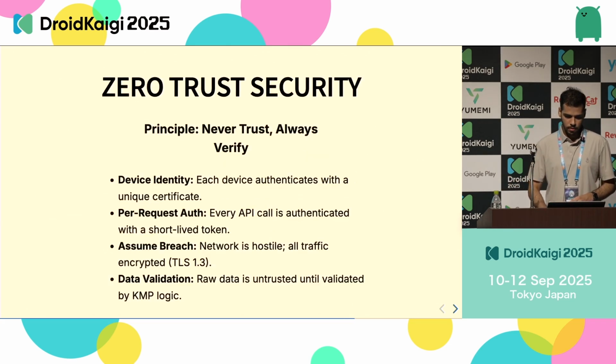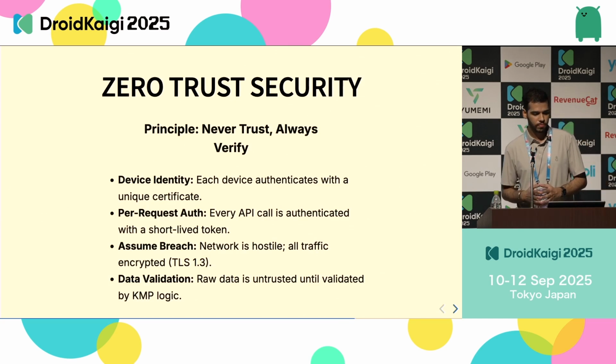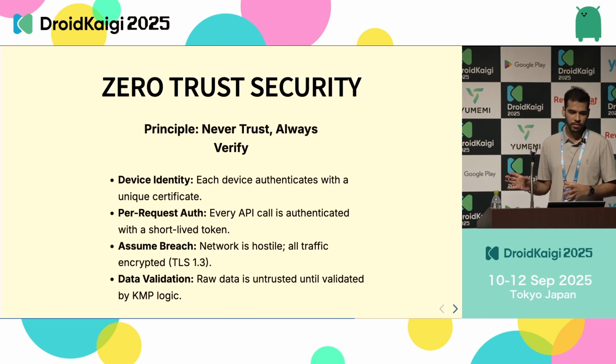And next, security in industrial systems is non-negotiable. These are a couple of things which can be used for your system. First is device identity. Every Android device must authenticate itself with its unique certificate. Second is per-request authentication, so every single API call from the app must be authenticated.